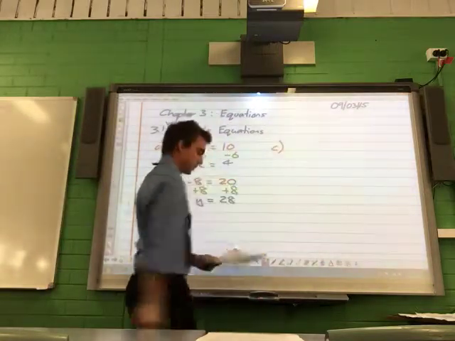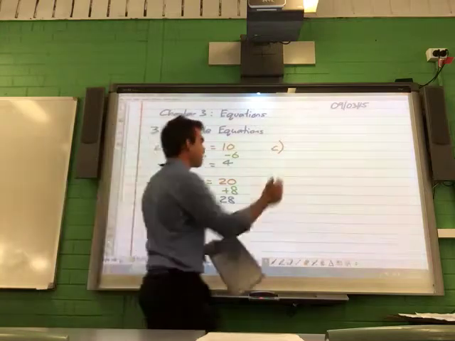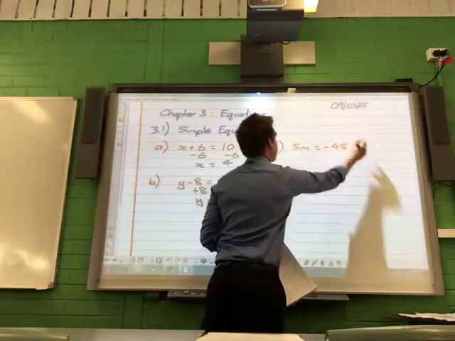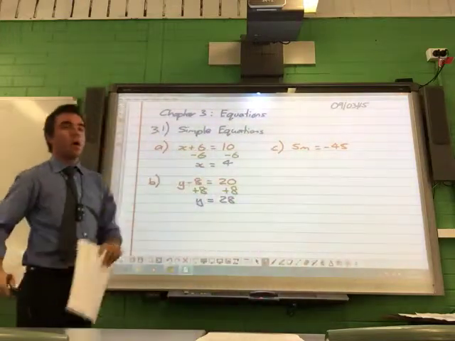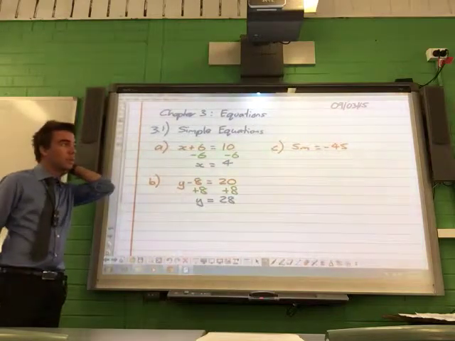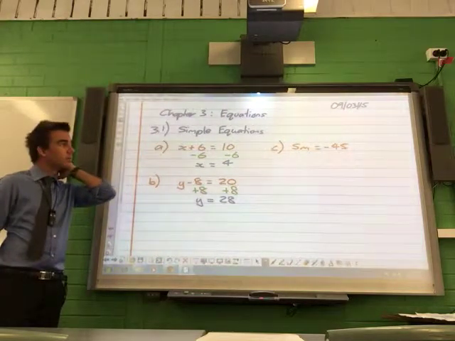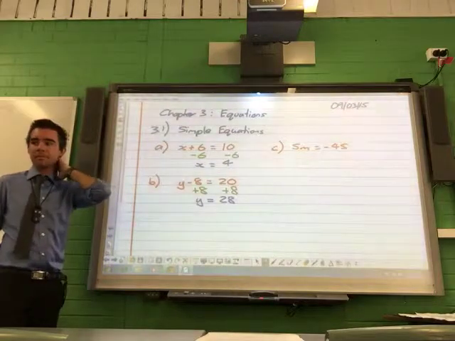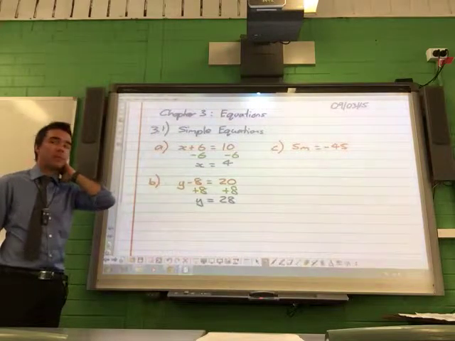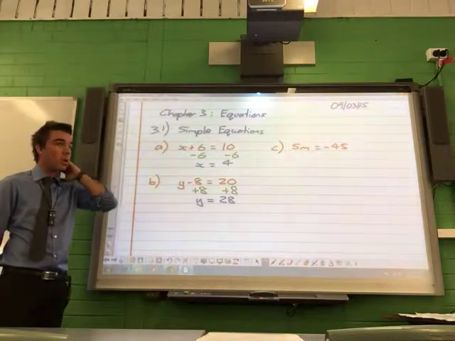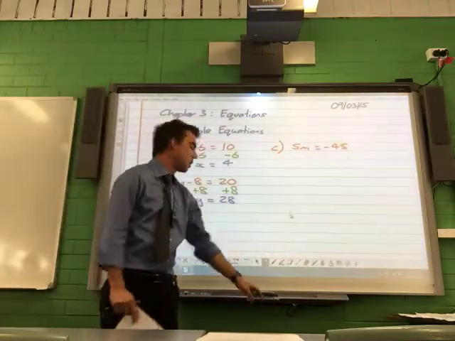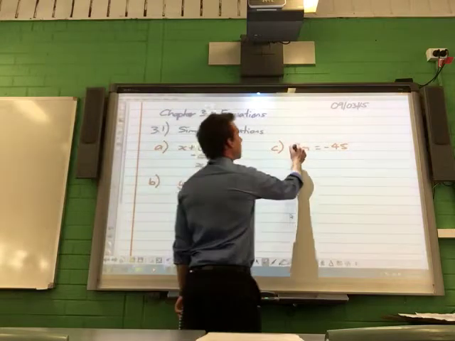Right, C. You should know that there is a multiplication sign in between numbers and letters. So that's 5 times m equals negative 45. We either think what number multiplied by 5 gives me negative 45, or what's the opposite to multiplying by 5, so that I can solve for the variable.